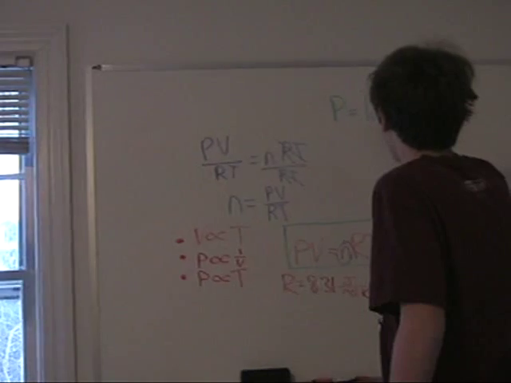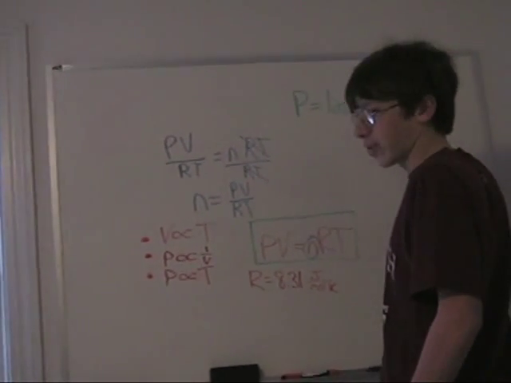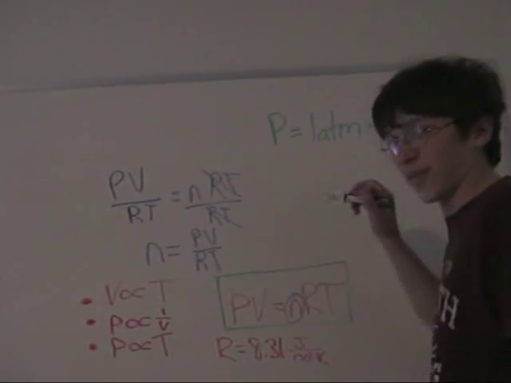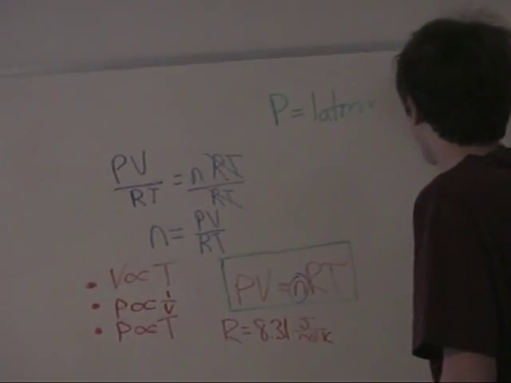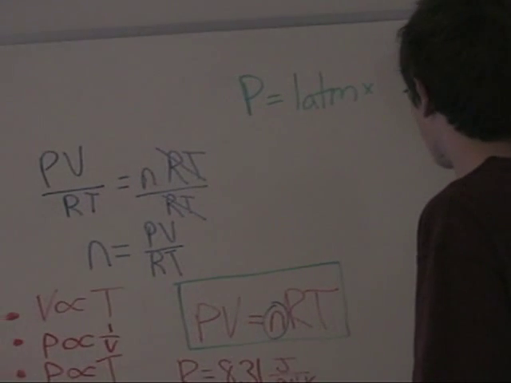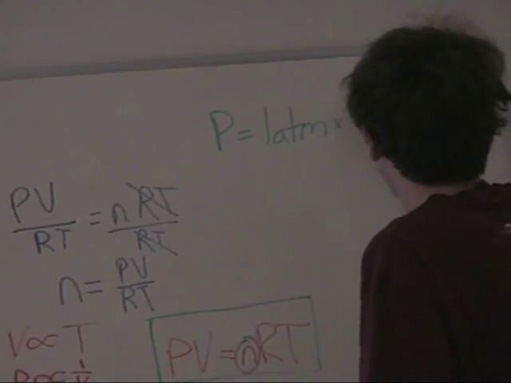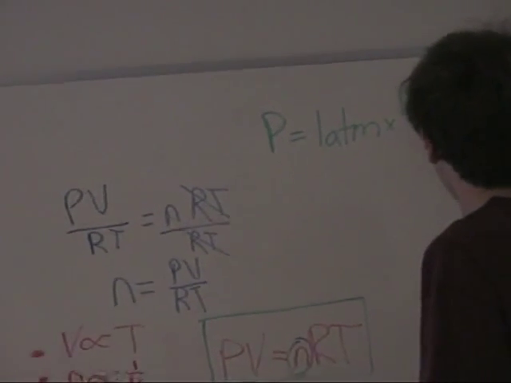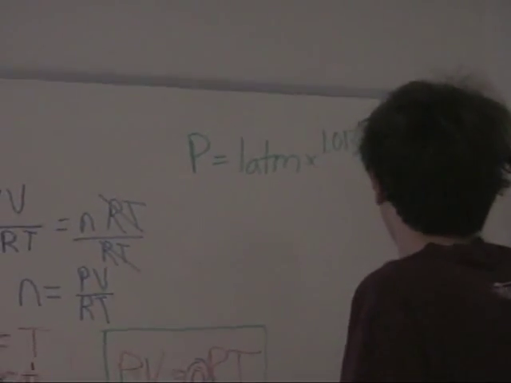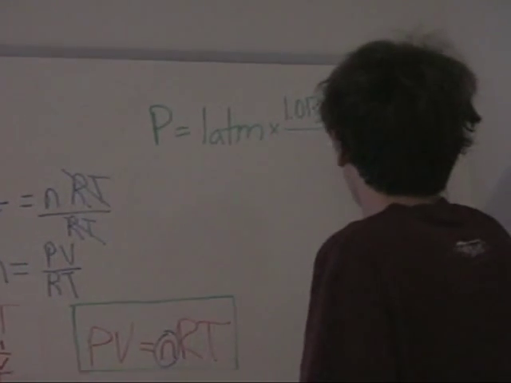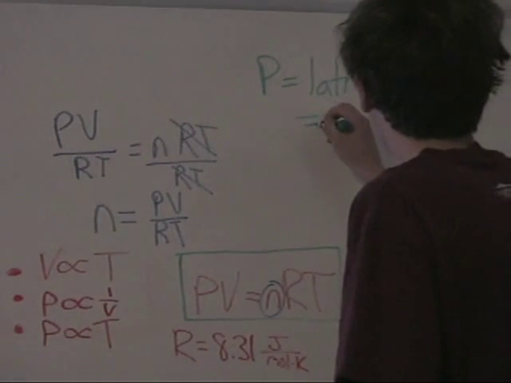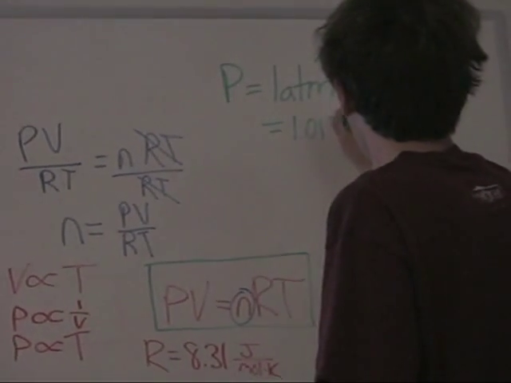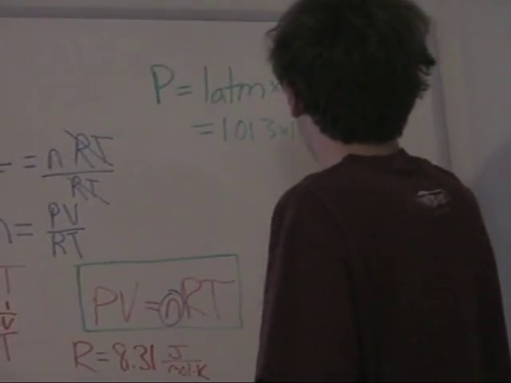And here we can use a conversion factor, knowing that 1 atmosphere equals 1.013 times 10 to the 5th pascals, which you can look up in your book or online. So the initial pressure will be 1.013 times 10 to the 5th pascals.